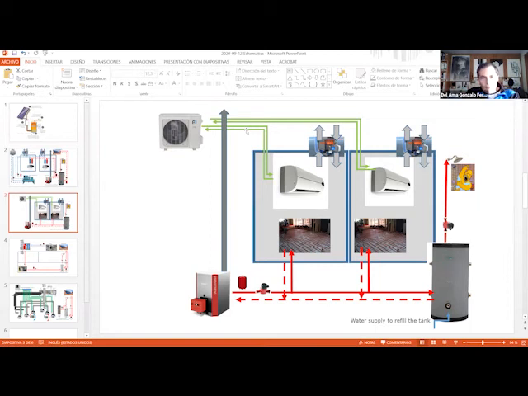So what do we have here? It can be for cooling, okay, because we have a split system. So this is a heat pump. So it can provide us with heating and cooling, but here we have a heating system with a radiant floor. So we have a boiler and we are connecting the boiler to the water tank and to this radiant floor. Okay, so the radiant floor can be for the heating system.